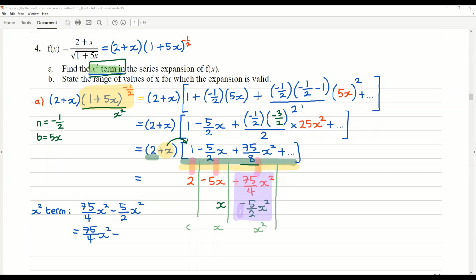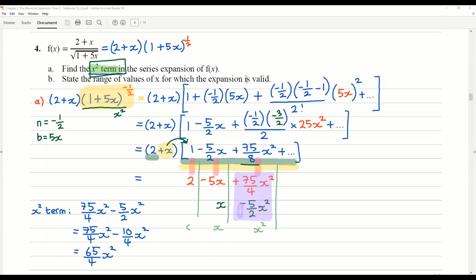Now I'm just going to change it into quarters. Subtract 10 over 4 x squared. All right, same denominators now. So that's going to be 65 over 4 x squared. And there we have our answer.